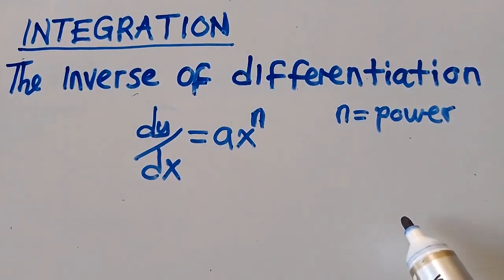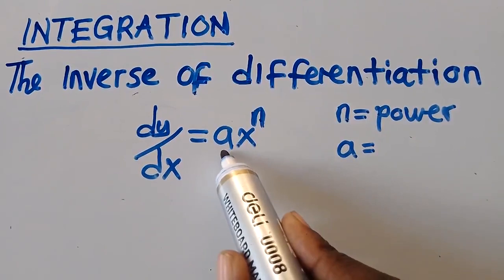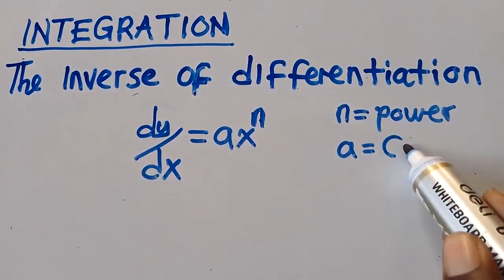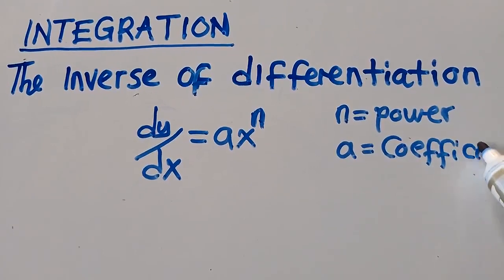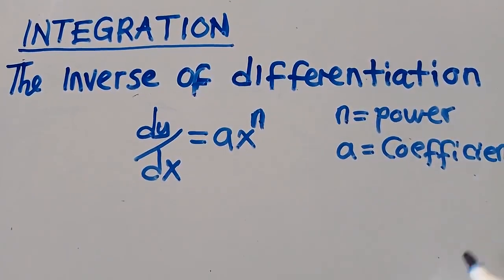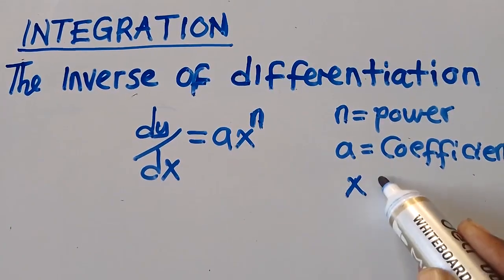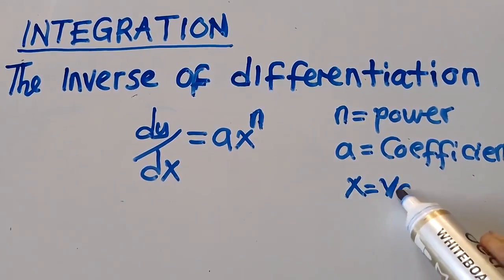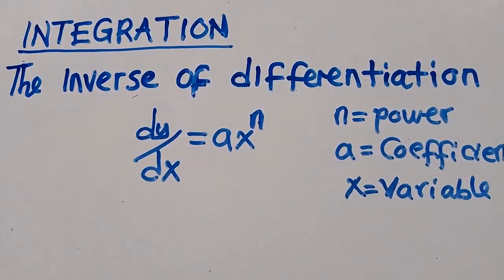Then you've got the a. The a is the coefficient. Then the x there is the variable. So I want you to understand this.